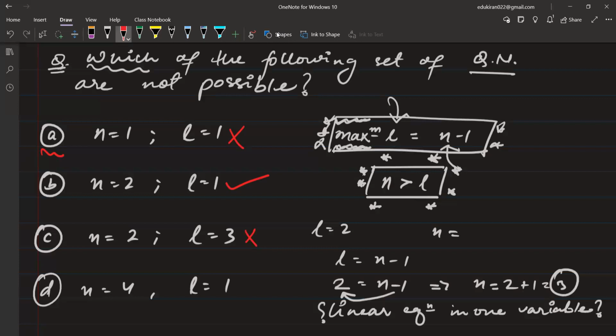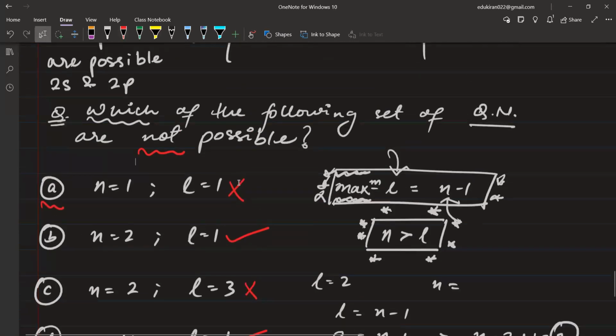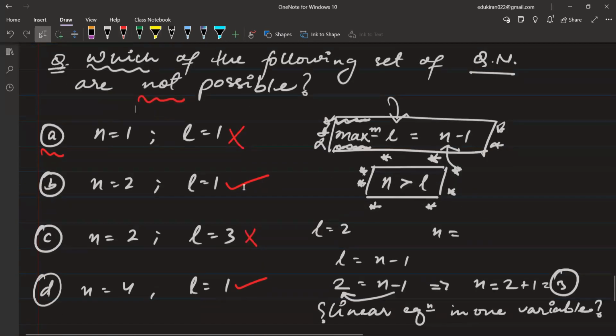What about D, possible or not possible? Possible. So what were you saying? You said D. Because it was possible. What is the question asking? Not possible. A bit of concentration, okay, Nabiha? And also try to answer whatever the question is asking. If the question is asking not possible, then try to answer that.